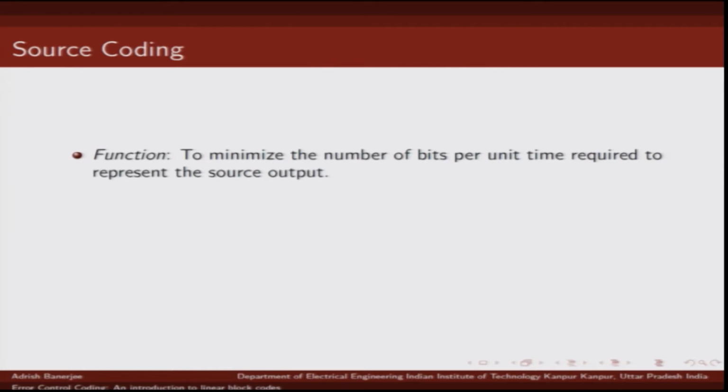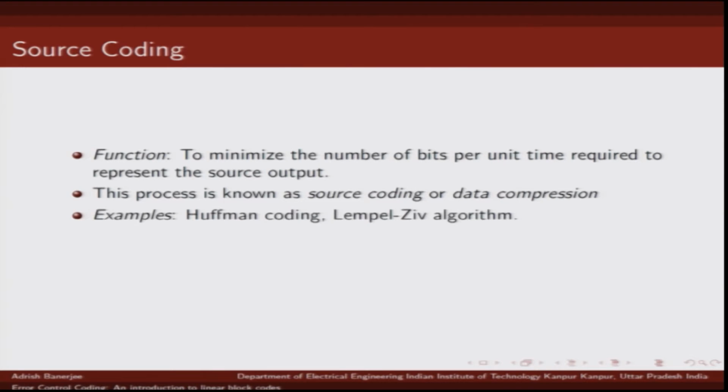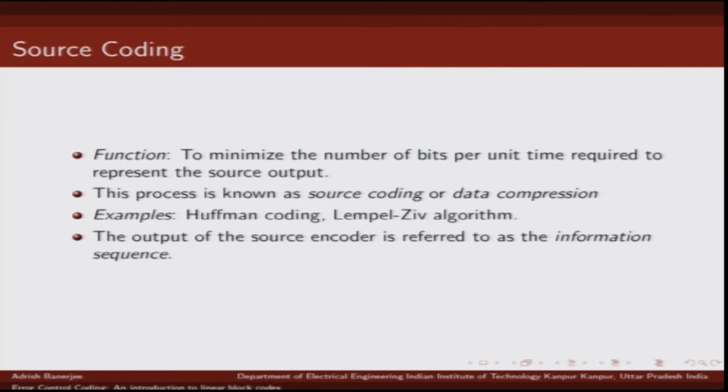So, it does data compression. Some examples of data compression techniques are Huffman coding and the Lempel-Ziv algorithm. We would not be talking about this because these are topics of interest in information theory. We will restrict our discussion to coding theory topics in this course.